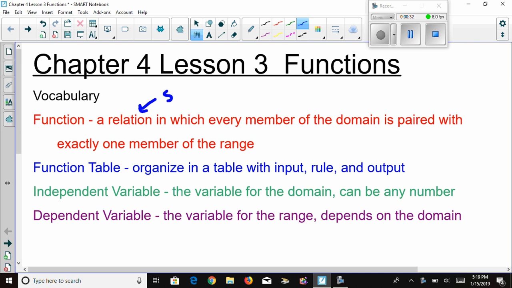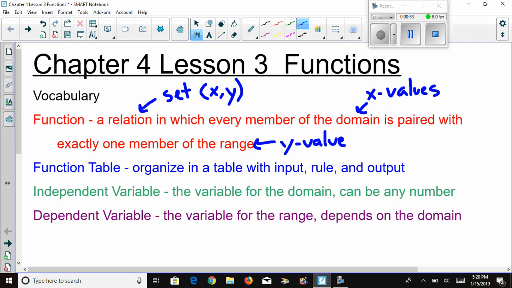is a set or a list of ordered pairs. Our domain was our x values, and the range was the y values.